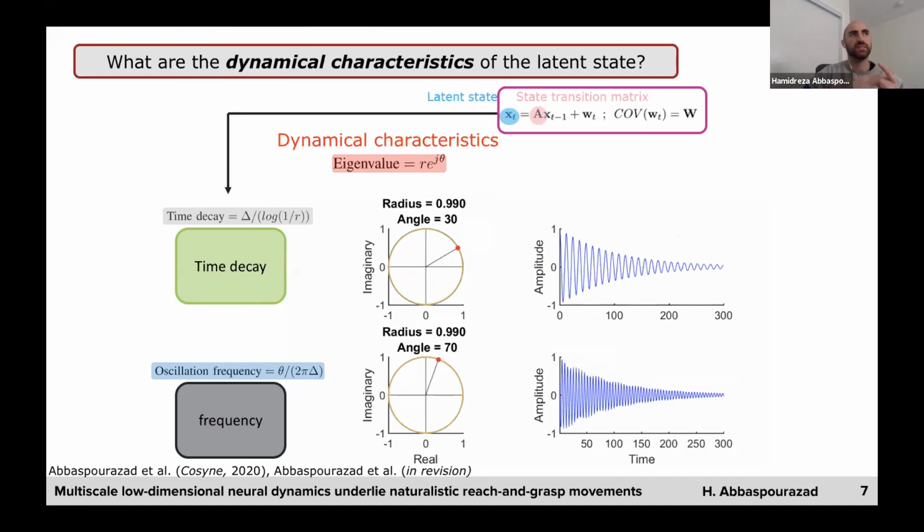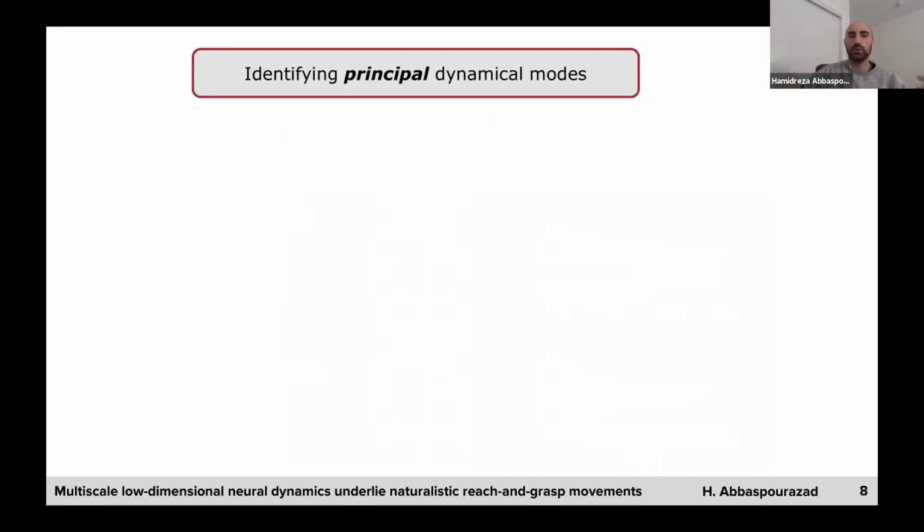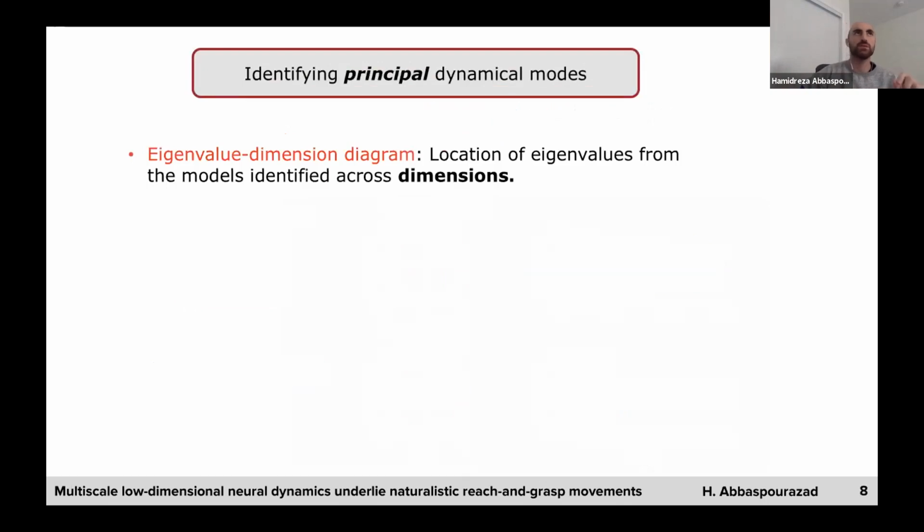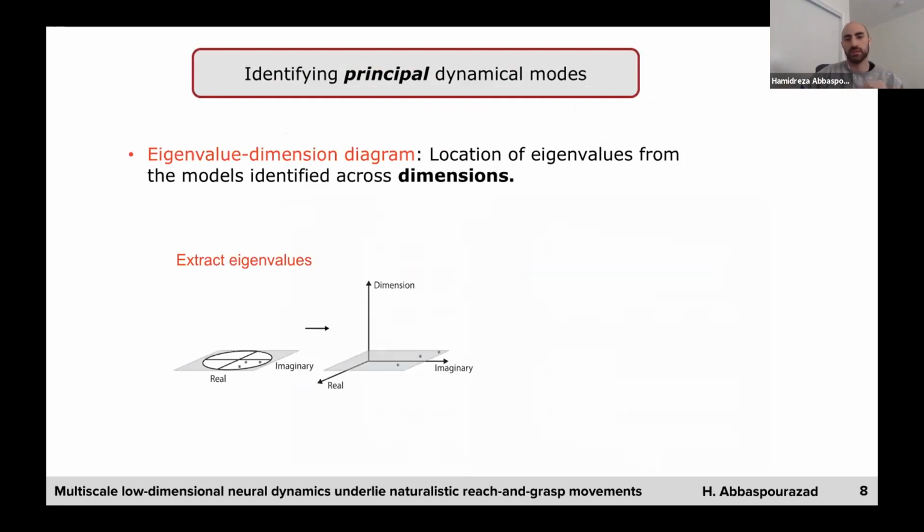Since the state here is latent, we don't know what the state dimension is, and we don't know which eigenvalues in the state space are important. We have to have a way to distinguish the important eigenvalues of network dynamics from the ones that are not very important. Therefore, what we argue is that the eigenvalues that are important in network dynamics should appear persistently regardless of what state dimension the latent states are identified from.